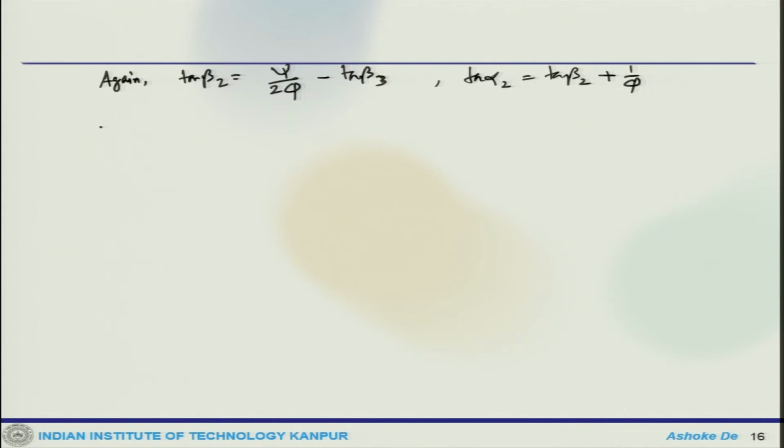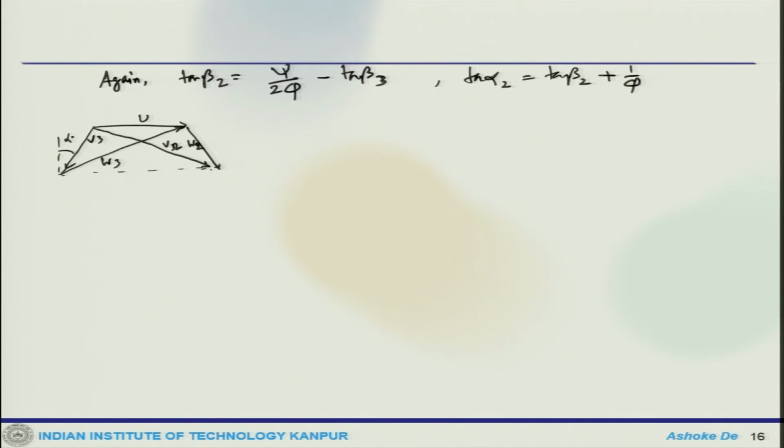So, let us draw the velocity triangle. So, this is U, W3, V3, W2, V2.